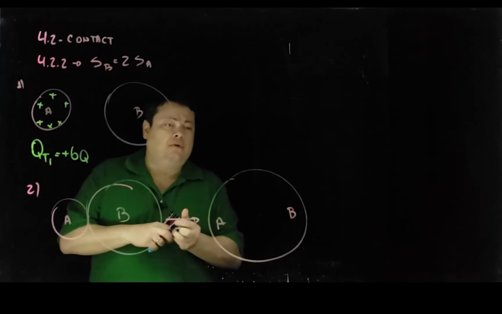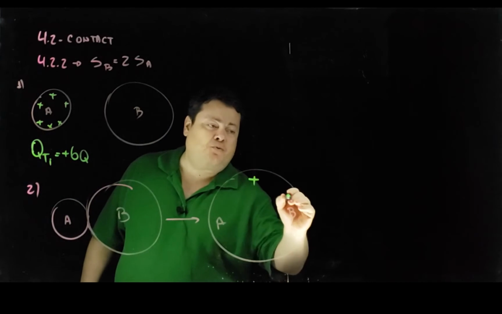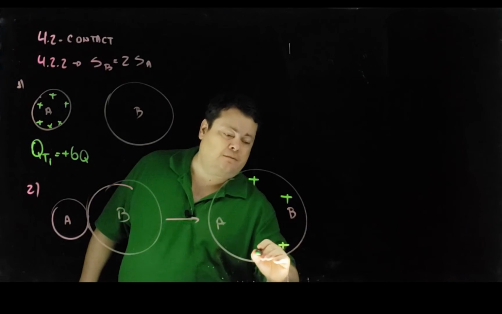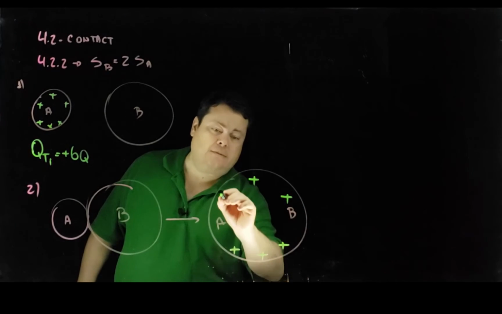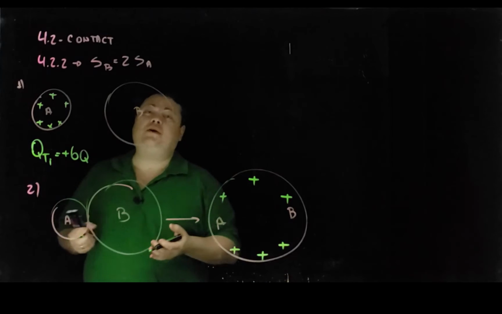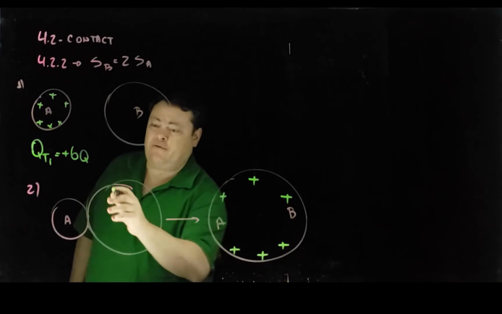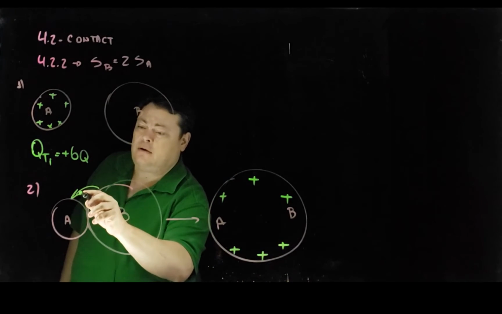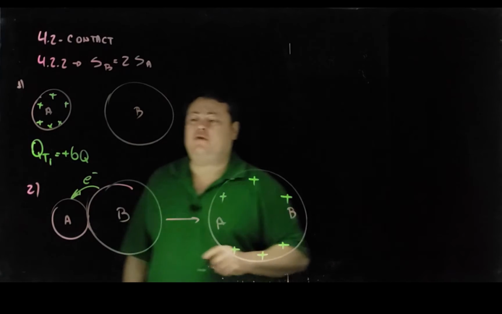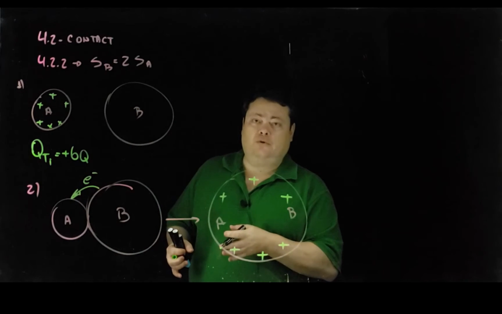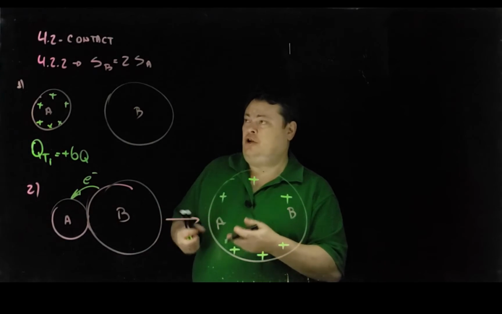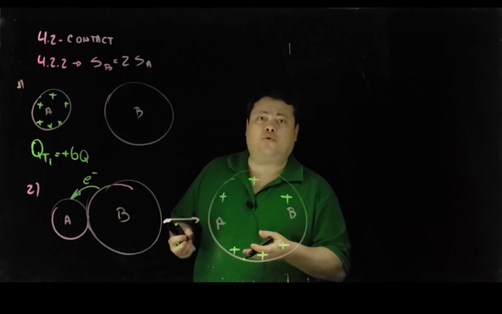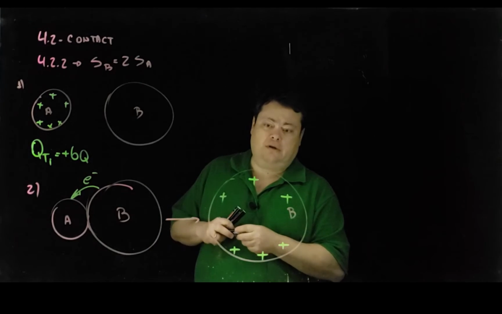So I'm going to have this positive charge now spreading around like this on the surface of this new big sphere. In practice, what I have in here is electrons moving from B to A. Okay? So it's going to partially neutralize A, and in that process, B is going to become charged.